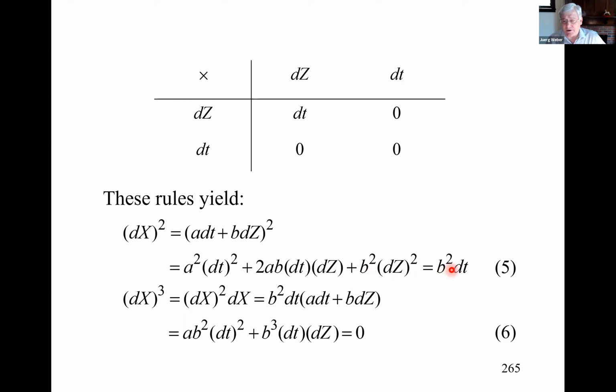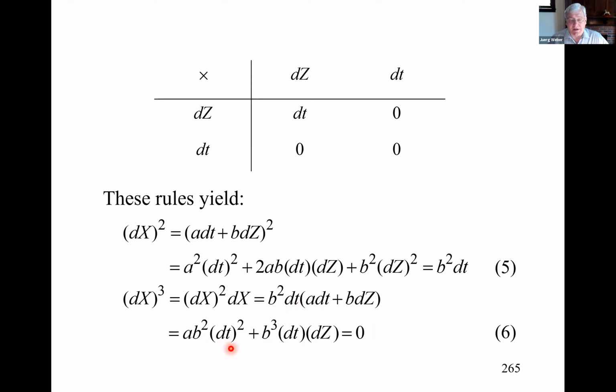Now when we go to the higher order terms, dx to the third power, okay, that's dx to the second power times dx. So I can just take here dx to the second power from above. b squared dt, that's dx squared. And then I multiply again by dx, which comes from the Ito process, a dt plus b dz, that's a drift, and that's a stochastic part here. Multiply that stuff out. You get this here.